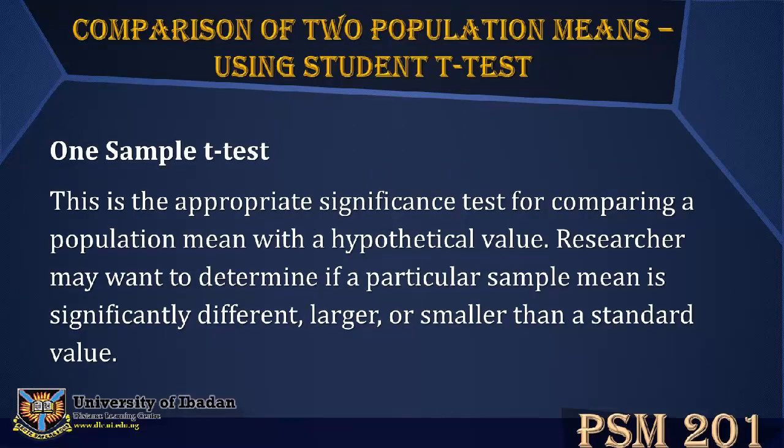One sample t-test. This is the appropriate significance test for comparing a population mean with a hypothetical value. Researchers may want to determine if a particular sample mean is significantly different, larger or smaller, than a standard value.